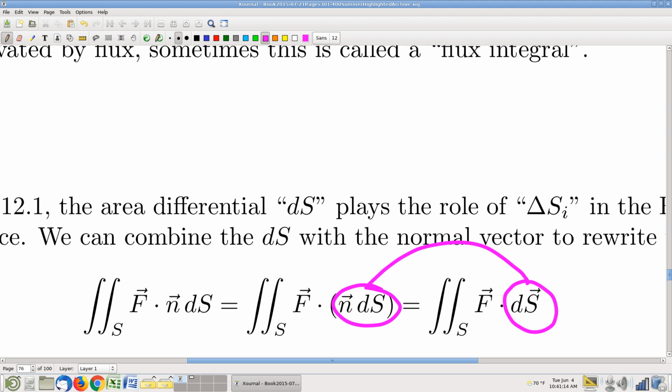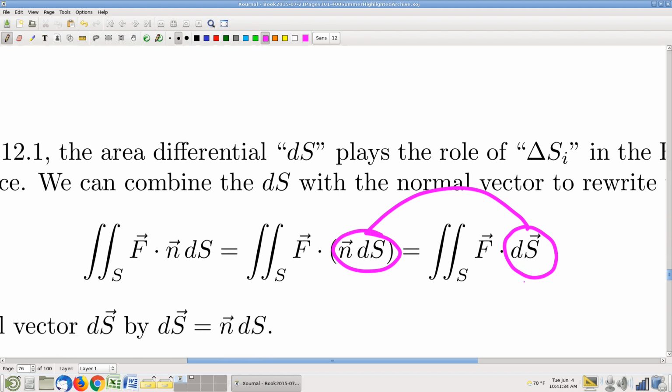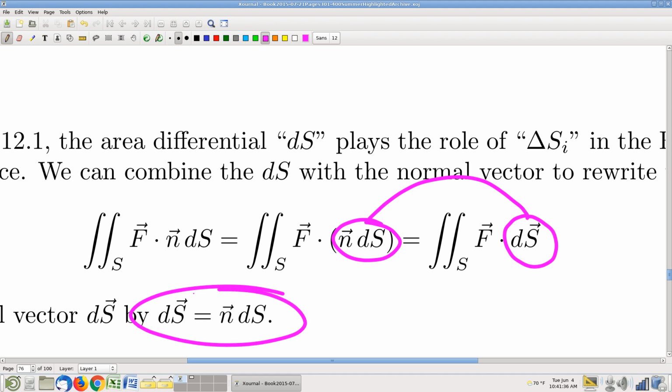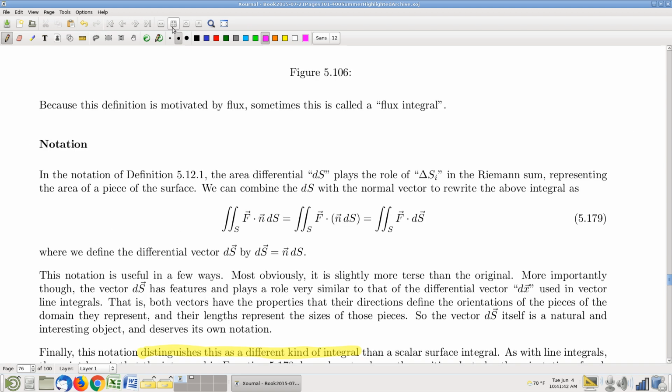It's the size, the area of that little piece of the domain. So by way of its two geometric features, direction and magnitude, you're learning everything you need to know, orientation and size, of the piece of domain that you're looking at at that point in the summation. Okay, so again, I think that's very natural to give it a name and a notation. Okay. All right.